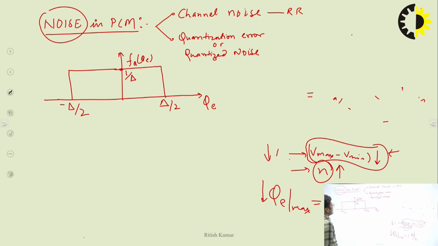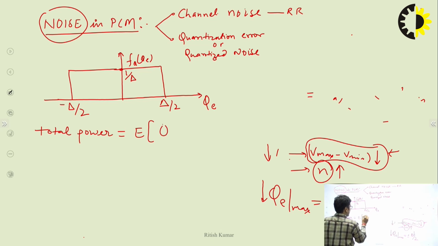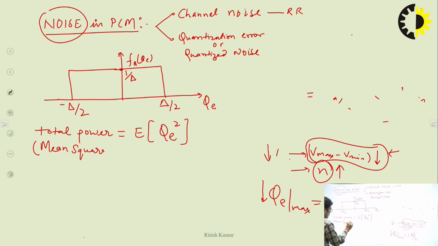If you calculate the total power through this PDF, as we know, the total power in terms of a random variable you can calculate by taking the mean square value of the random variable. So here the random variable is QE, so I am taking QE square. This is the mean square value. By calculating the MSV, we are able to find the total power of the system, that is E of QE square.